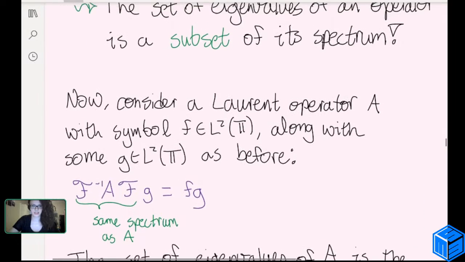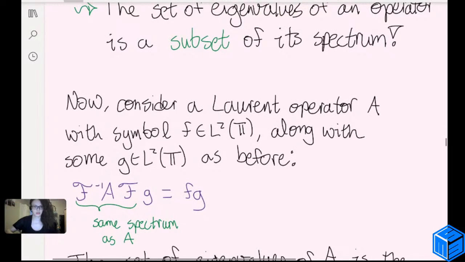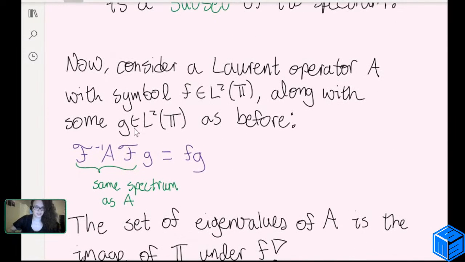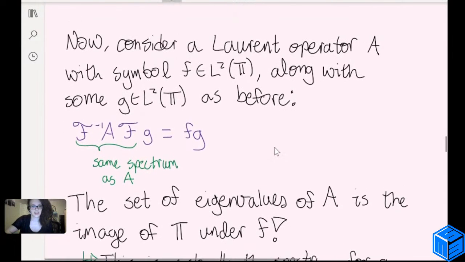And we had gotten that we have this multiplication operator defined in terms of A, acting on g is just f times g. So there we go. We have actually found eigenvalues, right? And so this multiplication operator is going to have the same spectrum as A, our Laurent operator.